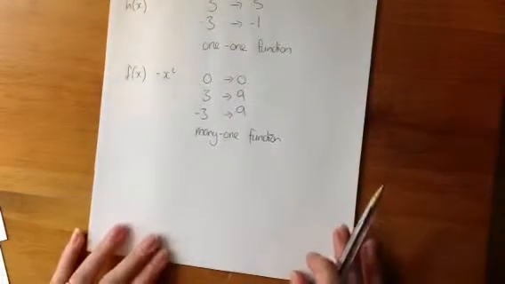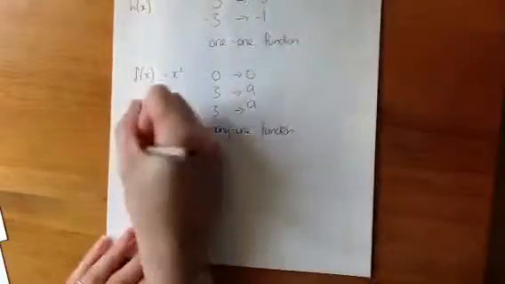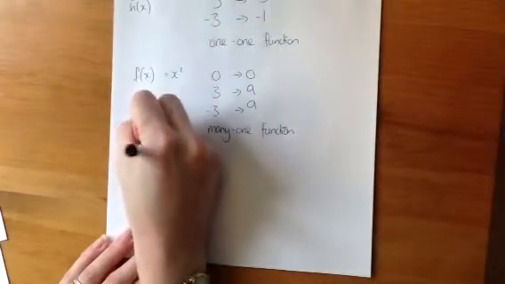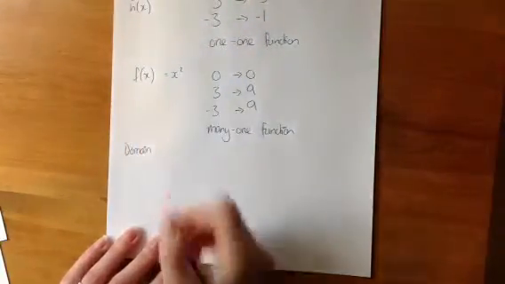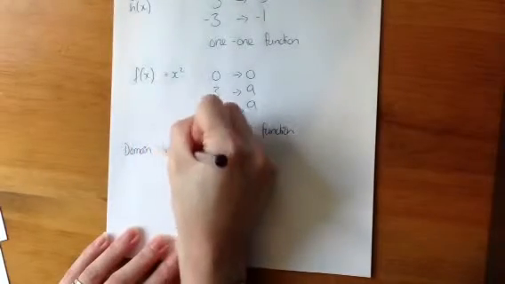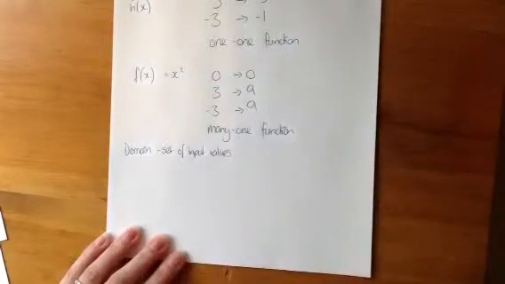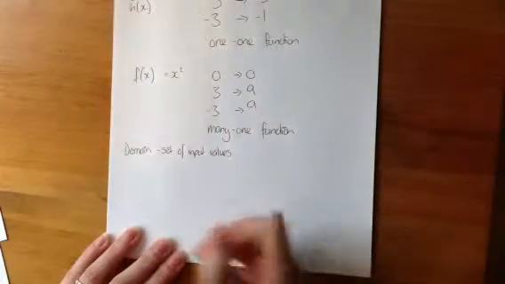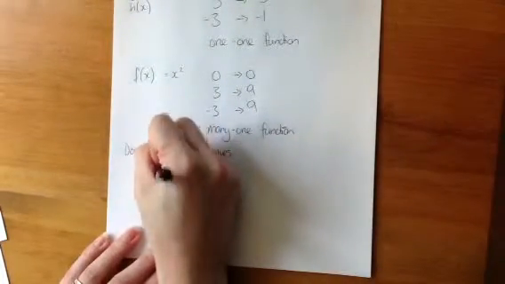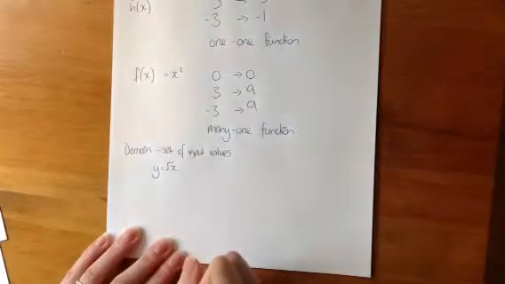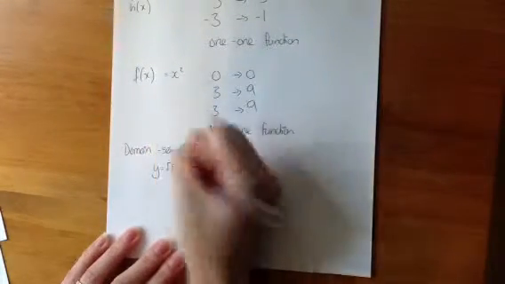The next thing we're going to look at is the domain of a function. Okay, the domain of a function is the set of input values that you can use that will actually work for the function. So for example, if your function was y equals root x, that would work for everything from 0 upwards.